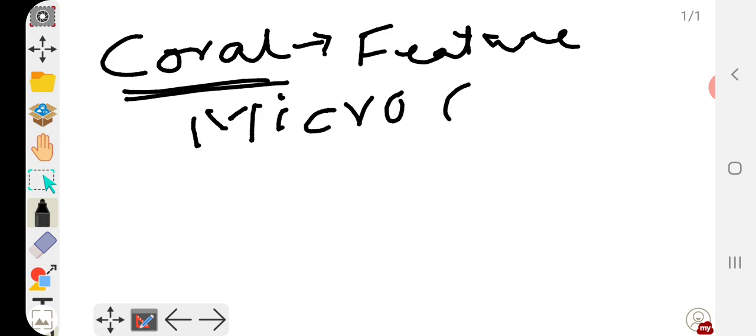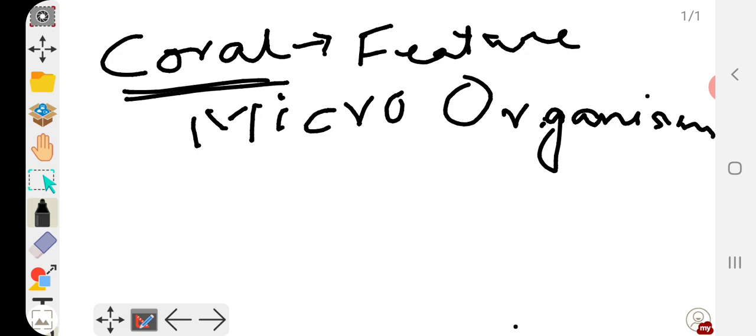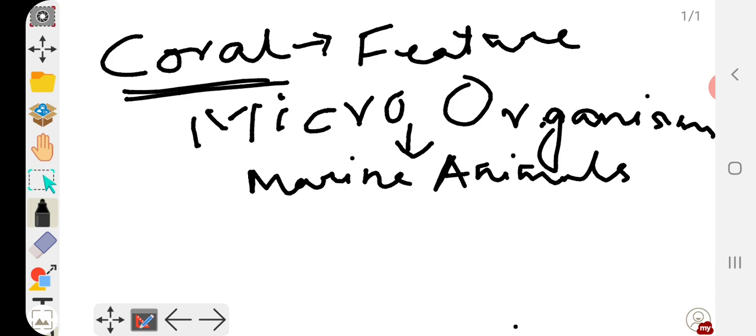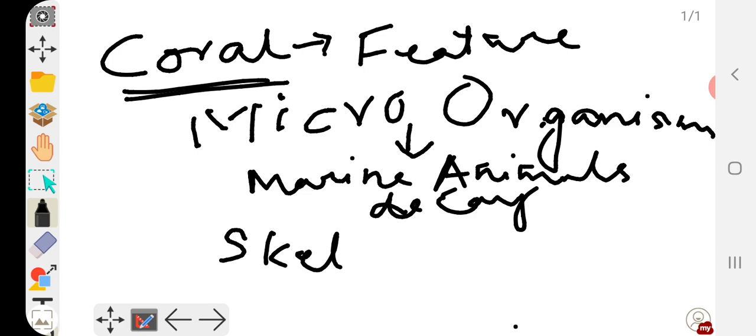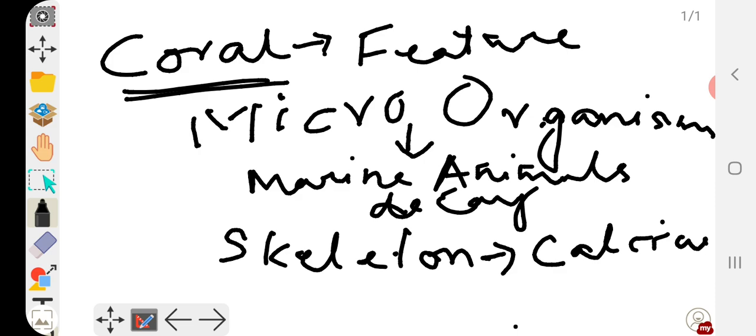What do these microorganisms do? When marine animals decay, from their skeleton part they secrete calcium.